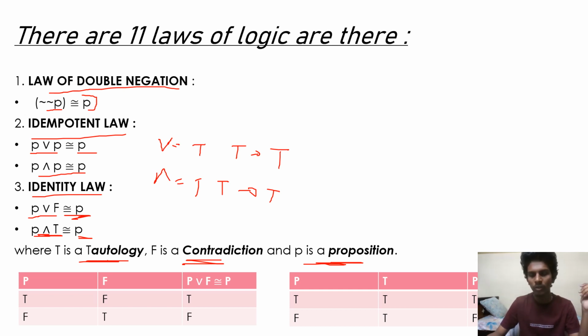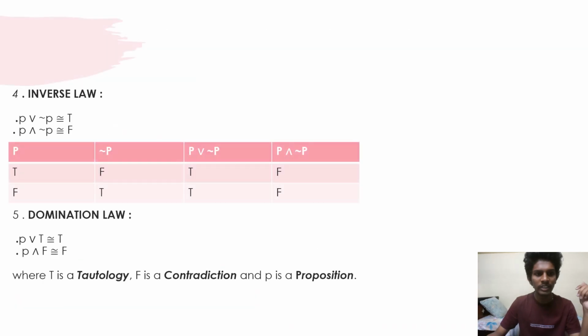Okay, moving to the next law. It is the inverse law. Here if we do P or negation P, we will get T. Here T means tautology, we'll get all answers as true. If we do P and negation P, we will get the resultant answer as false, which means contradiction. As you can see here, for P we will write truth values as true and false.